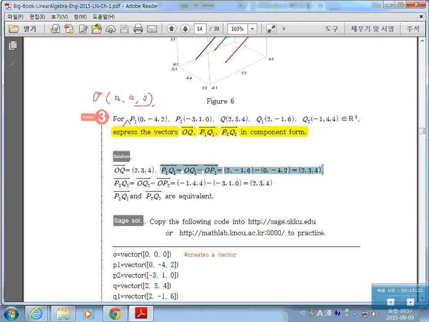So the P1Q1 vector can be found as (2, 3, 4). Similarly, the P2Q2 vector can be obtained by OQ2 minus OP2. So, minus 1 minus minus 3, which is 2; 4 minus 1, which is 3; 4 minus 0, which is 4. As you see, these three vectors, OQ, P1Q1, and P2Q2, are all equivalent in R3.